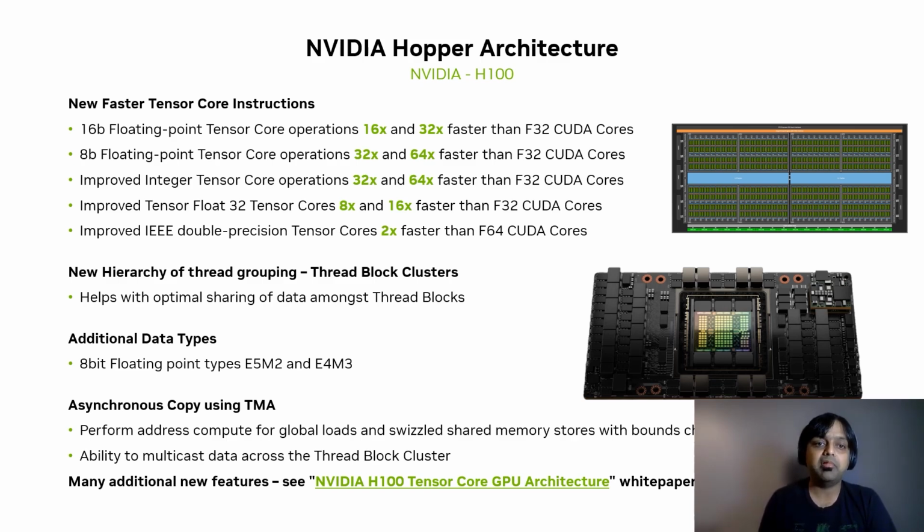Some of them include a brand new hierarchy in the thread execution model called thread block clusters, which can now share data amongst themselves. A new way to also move data has been provided, which alleviates the burden on SIMD cores significantly. New floating point data types for significantly faster and more energy efficient computation have also been added.